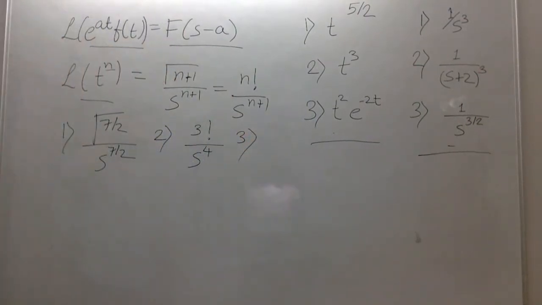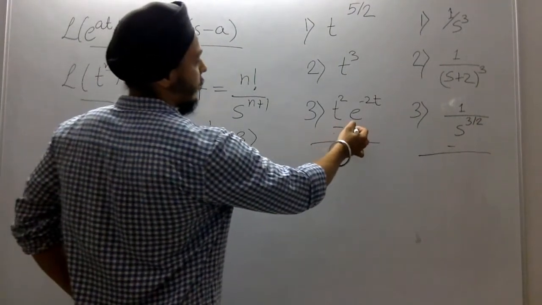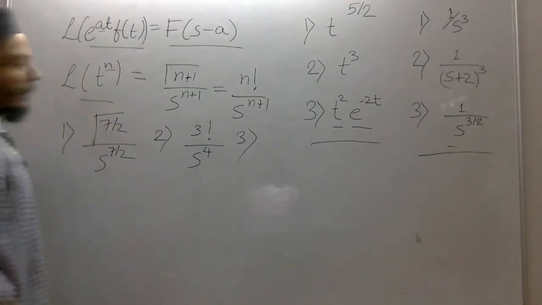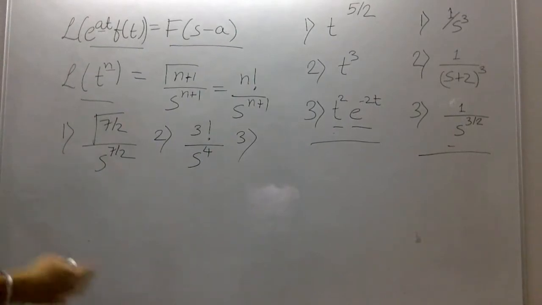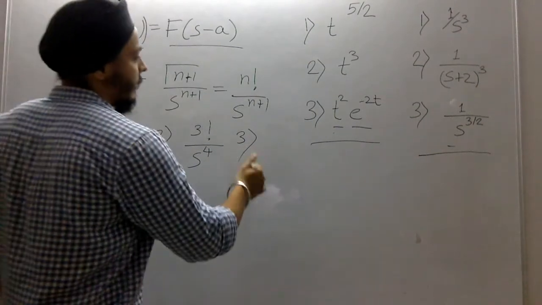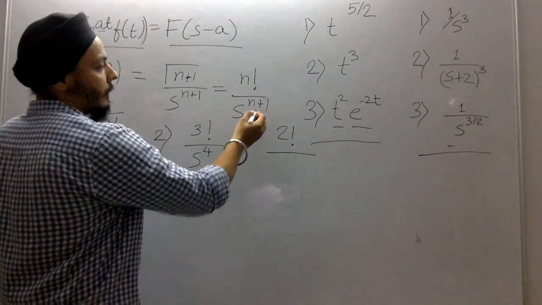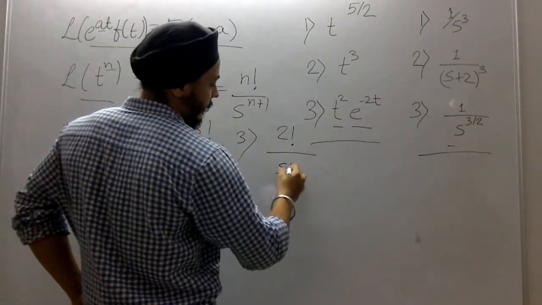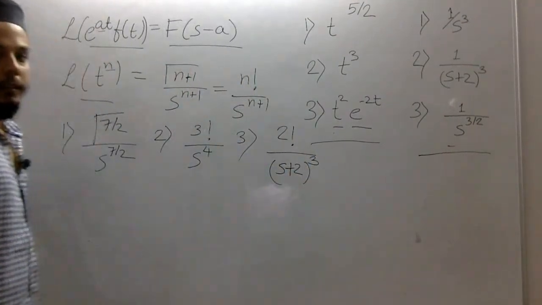For our third, here it is t square e to the power minus 2t. Here our a is minus 2, hence whatever will be the transformation of t square, we will make it as s plus 2. For t square, the transformation will be 2 factorial by s to the power 3. So it will become 2 factorial by s plus 2 whole to the power 3.